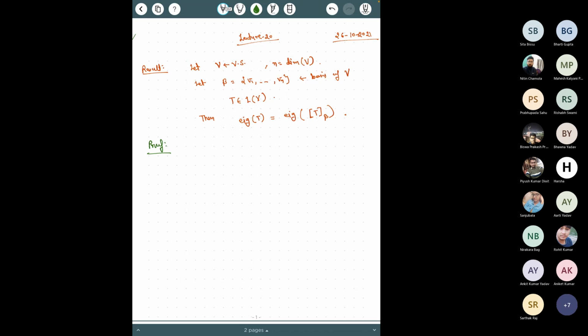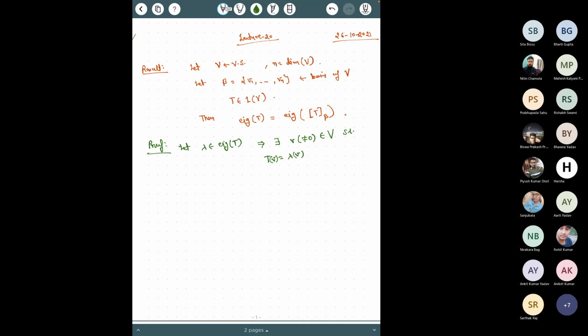So suppose that lambda is an eigenvalue of T. If lambda is an eigenvalue, then we know that there exists v not equal to 0 in the vector space V such that T of v is equal to lambda v.